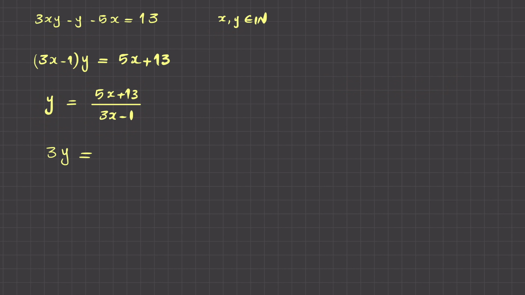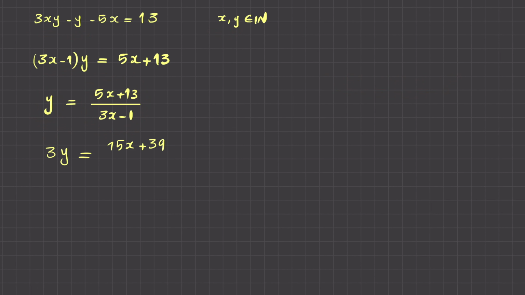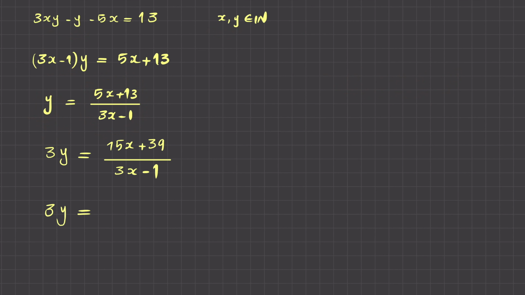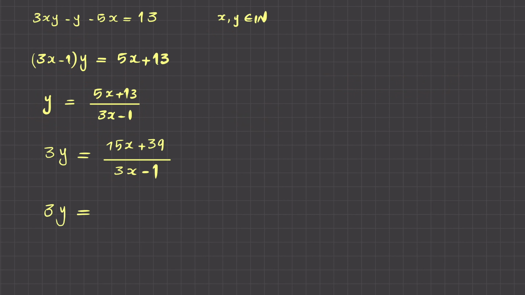So the left side becomes 3y, and the numerator has 2 terms to be multiplied, so it becomes 15x plus 39, and then I have the denominator as it is. You might wonder why this is useful. You see that now 15x is 5 times 3x, and 3x is the term that appears here. So I can write 5 times 3x minus 1.